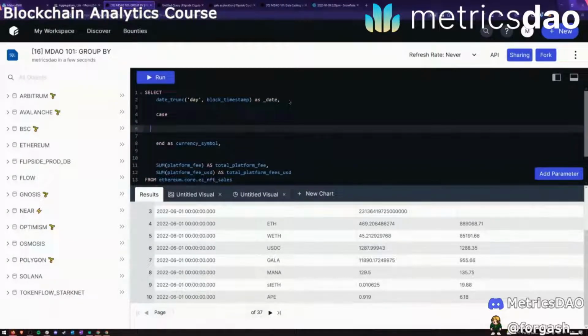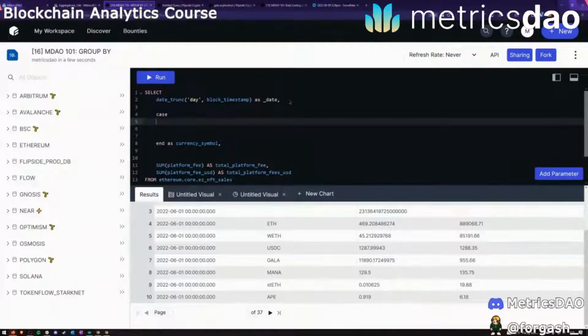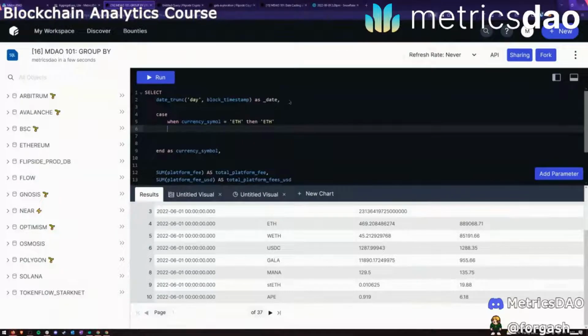Anything in between is where you actually start to fill that out. What we want to do is keep ETH, because that's the biggest one going on in there. So when ETH, we'll keep ETH. Simple enough.